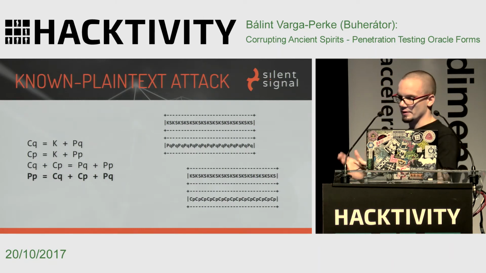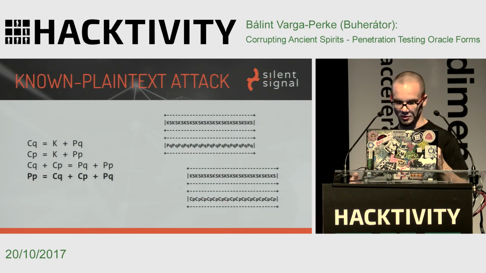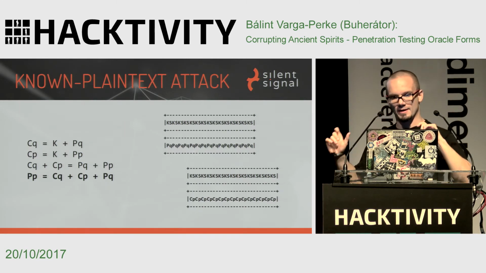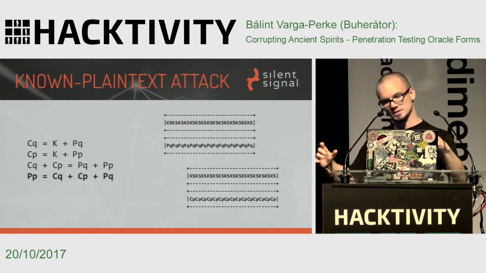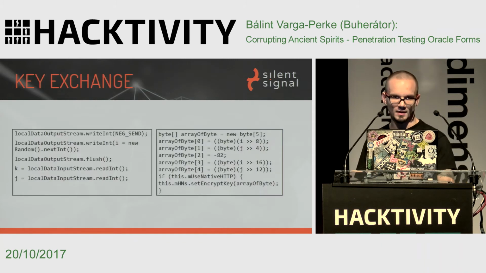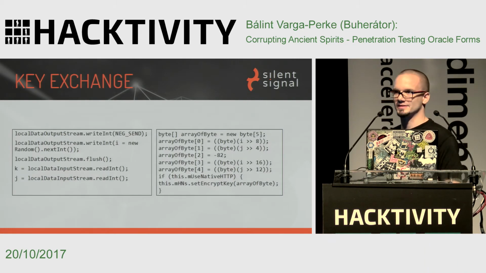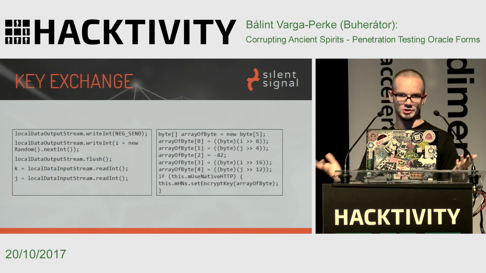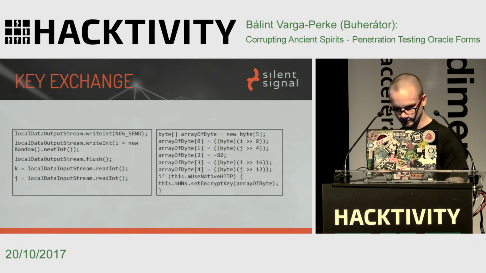But this is very much the case because you know the message headers, for example, they are quite static. So by predicting the message headers in one stream, you can deduce bytes from the other stream. But it's still not good enough. We are forgetting about how this cipher is initialized. And this is where key exchange comes to picture.